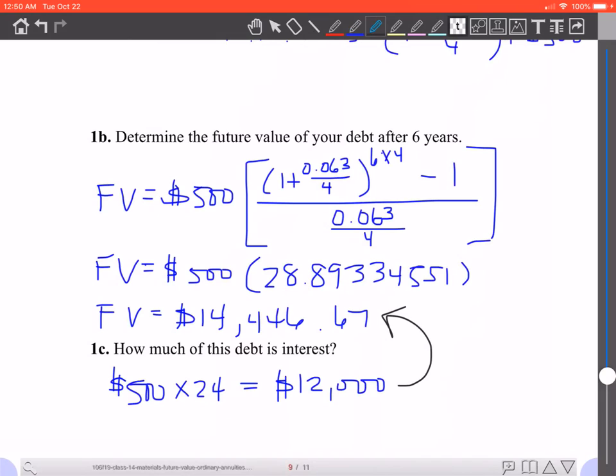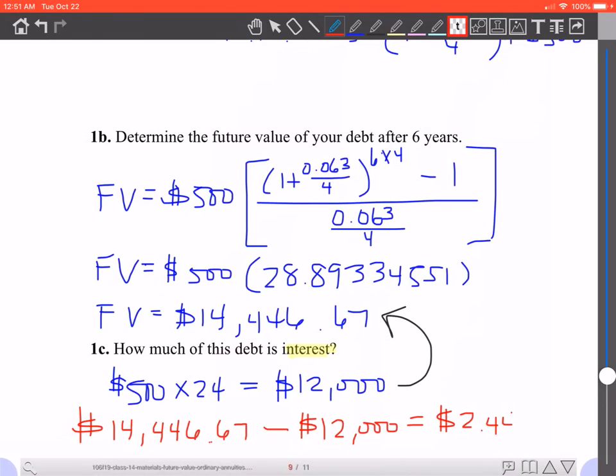So where's this extra money coming from? Remember we said that that is your interest. So to figure out how much interest is included in this debt, we would take the total future value and subtract the total of those payments. In this case, it's not payments, you're borrowing $500 every quarter, but we still call them payments. That is your interest. So that's $2,446.67 in interest during those 6 years of borrowing $500 quarterly.